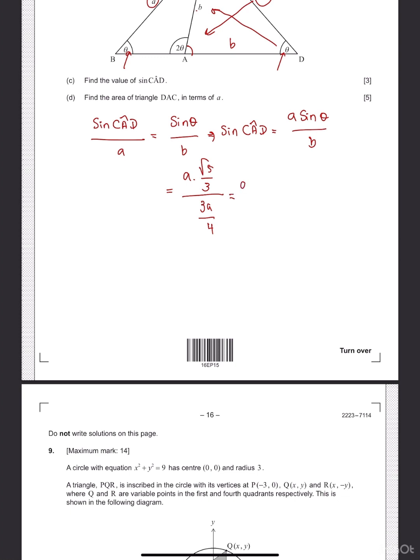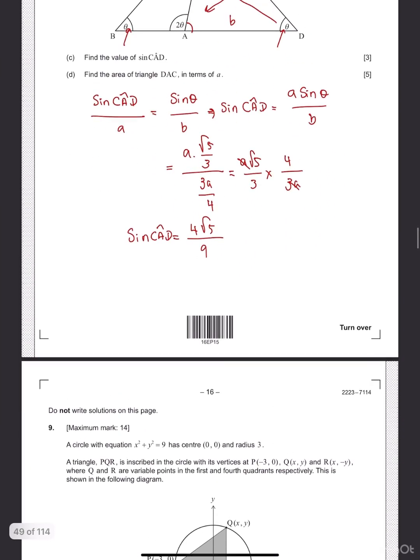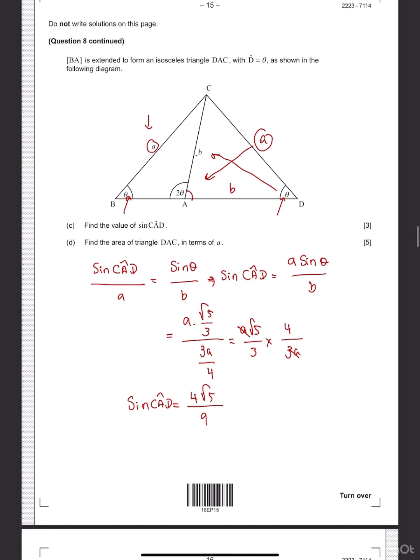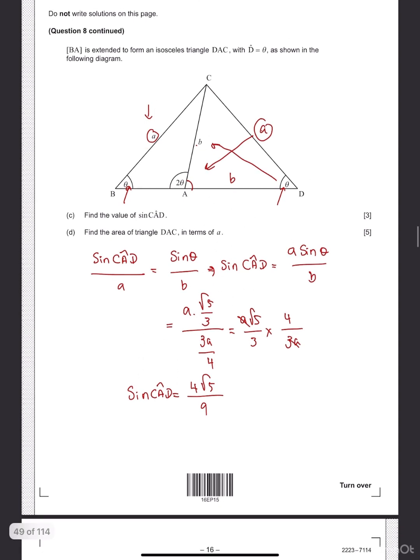So that will be A square root 5 over 3 times 4 over 3A. This can be simplified, and we get 4 square root 5 over 9 equals sine CAD. Okay, so this is all for number 8. For part D, you can just apply the sine rule also. This is your homework, you can do that.